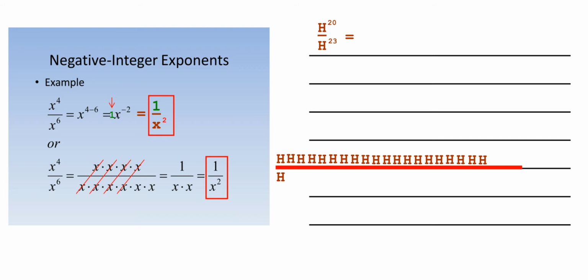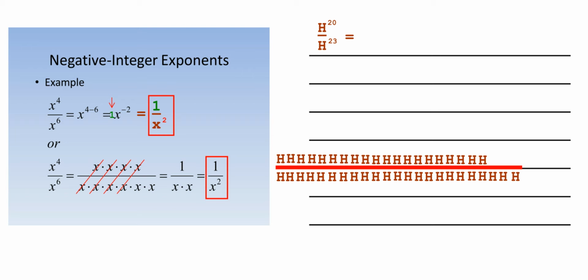On the bottom, we have 1, 2, 3, and so on up to 20, and finally, 21, 22, and 23 h's. So 20 h's on top, 23 on the bottom. Notice that does take quite a while to write in, right? And I'm doing this fairly quickly using my PC, so forgive me, it would be a little more time consuming if you're writing by hand.